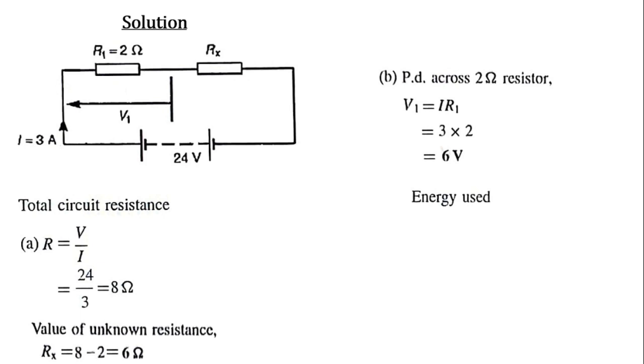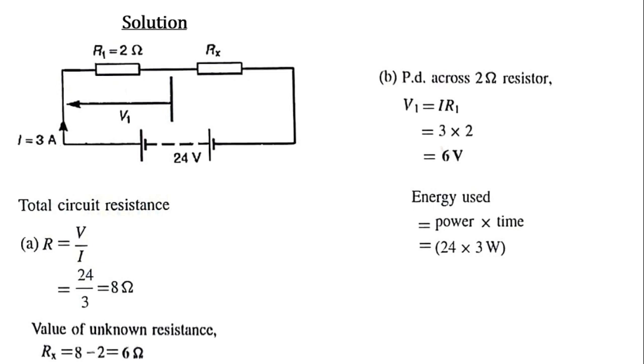So the energy used is equal to the power times time. How do we calculate for power? Power can be calculated by multiplying the total voltage by the total current. So we have the total voltage, which is 24, times the total current, which is 3, in watts, because the moment you multiply the total voltage by the current, you are calculating for power.